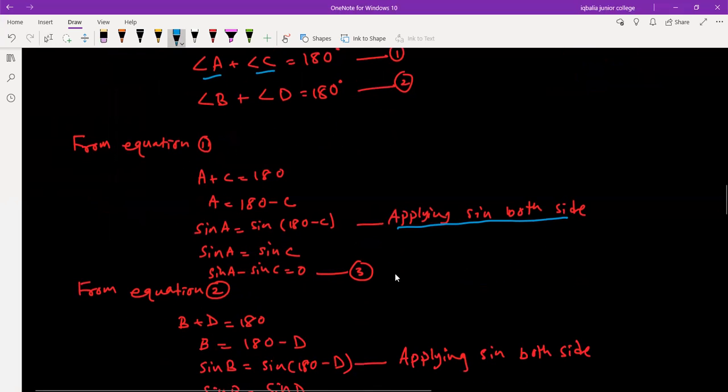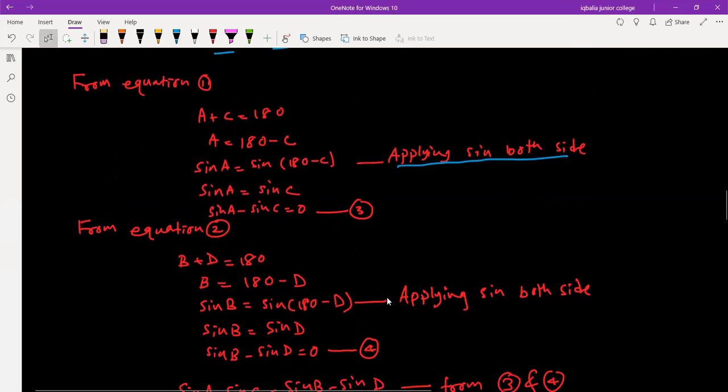And from equation number 2, angle B and angle D is equal to 180 degree. Okay. So here I can write B is equal to 180 minus D. And if I apply sine on both sides, then I will have sine B is equal to sine 180 minus D. And then sine 180 minus D is nothing but sine D. And if I take sine D on the left hand side, then I will have sine B minus sine D is equal to 0.